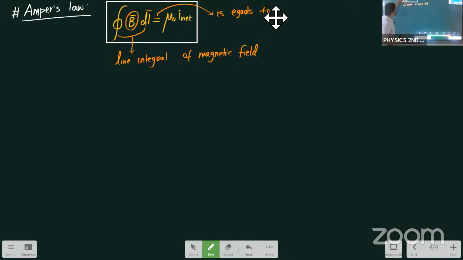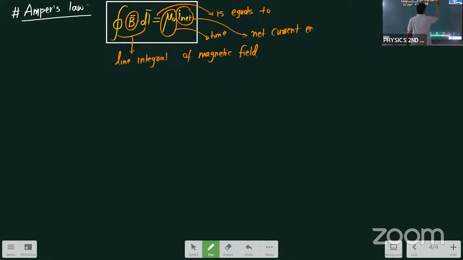What is this? This is the line integral of which physical quantity? Magnetic field. And this is the symbol for is equal to. And is equal to what? Mu naught times I net, where I net represents the net current enclosed.